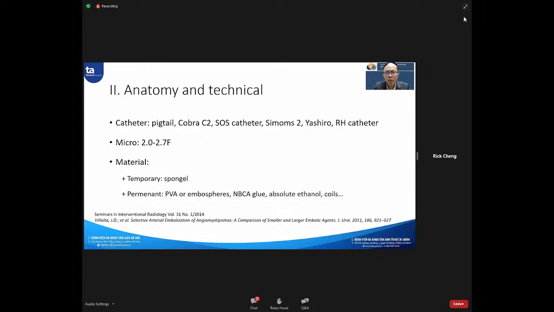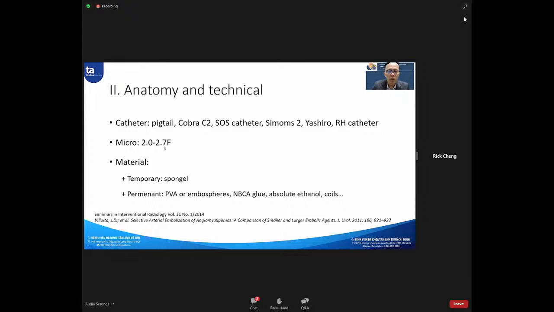So which materials should you use for renal artery embolization? First, you should take the pigtail catheter for the Roman balance. You take the abdominal aorta angiogram, and after that you insert into the renal artery with a Cobra C2 or SOS catheter or Simmons, etc. And for embolization, you should go selective or super selective in the branch which you want to embolize.